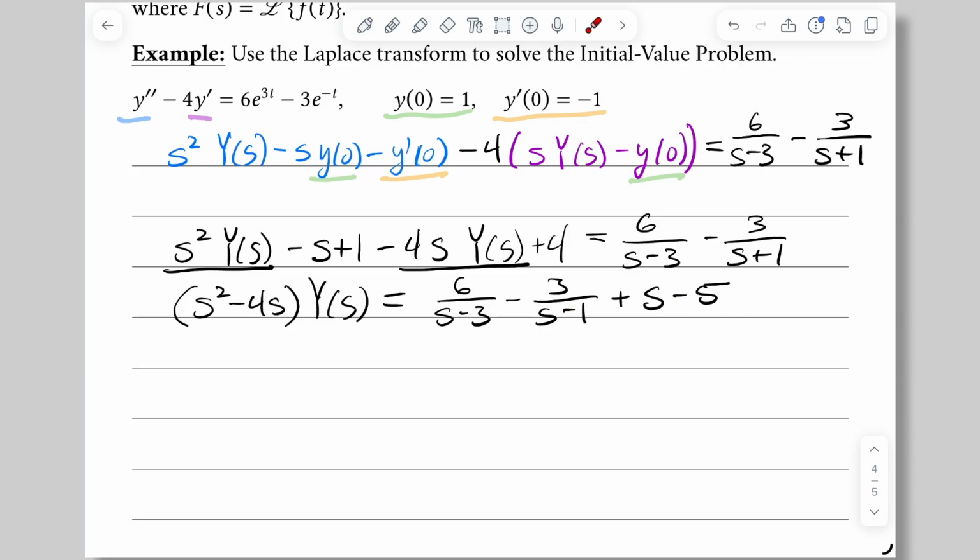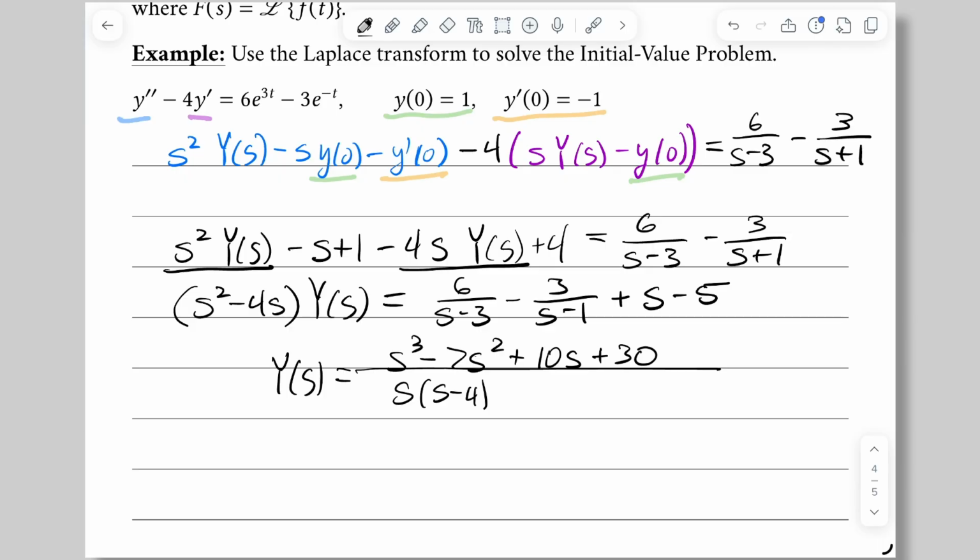So you can verify on your own that once we get common denominators on the right-hand side and divide by s squared minus 4s to isolate Y of s, we end up with Y of s is equal to s cubed minus 7s squared plus 10s plus 30, all divided by s times s minus 4 times s minus 3 times s plus 1.